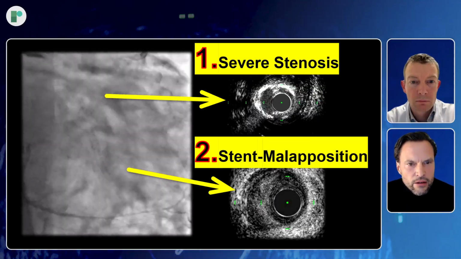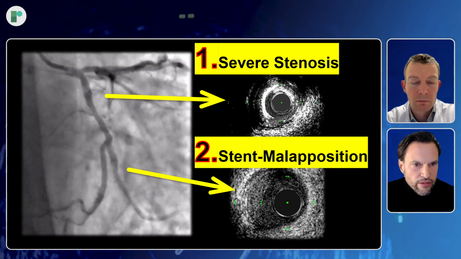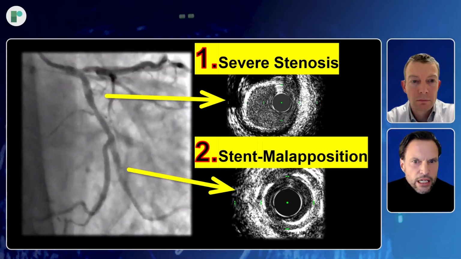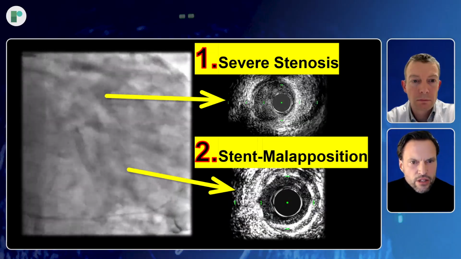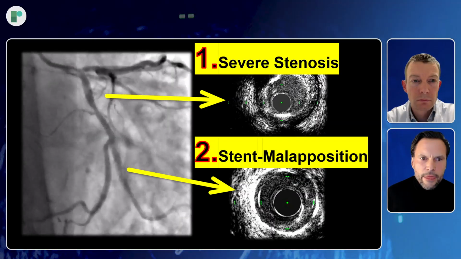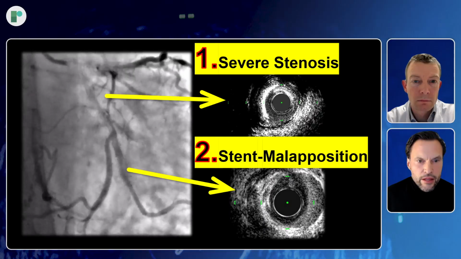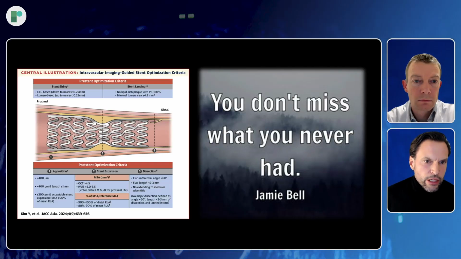So one more case, which at first look did not seem to be pretty complex, but in the end, just by using intravascular imaging, you're really able to understand what's going on there, and then the treatment is not pretty complex.